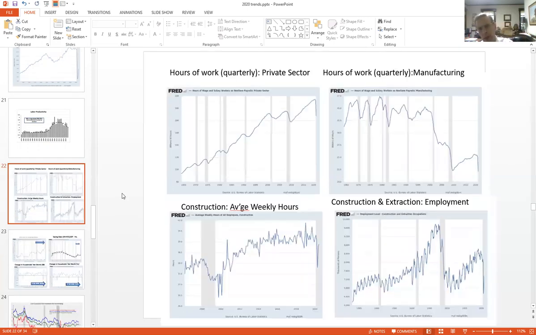Okay, here are some indications of activity in 4 industry groups, sectors. And in the private sector, just generally, you can see that the number of hours worked has declined. The hours in manufacturing have declined much more sharply and long before the coronavirus or even the recession occurred.